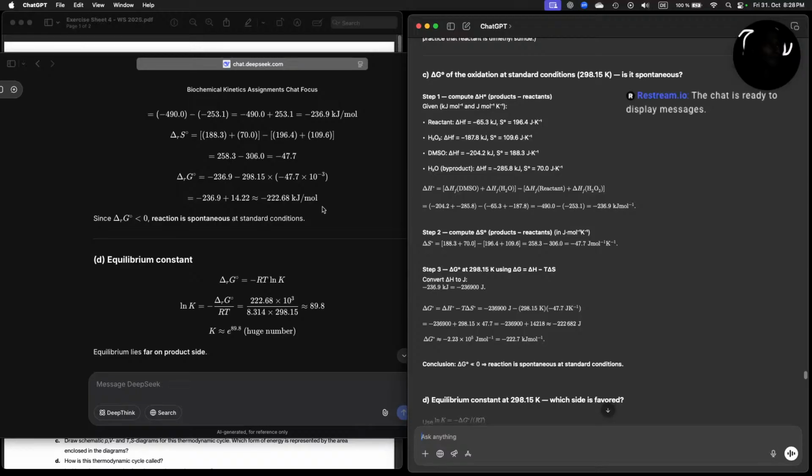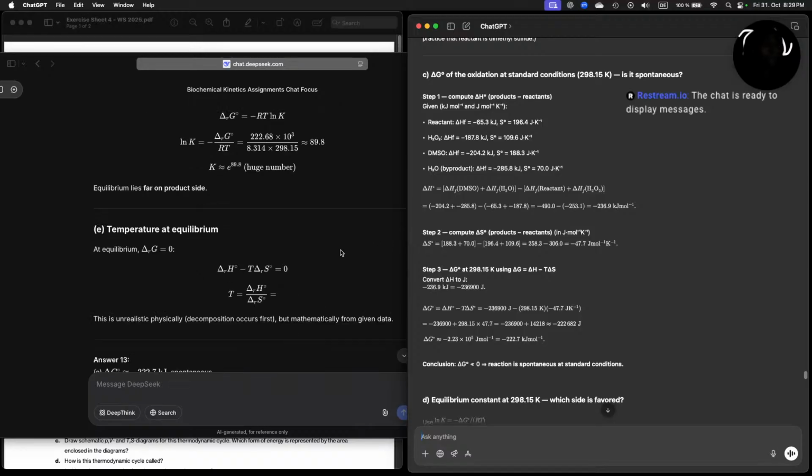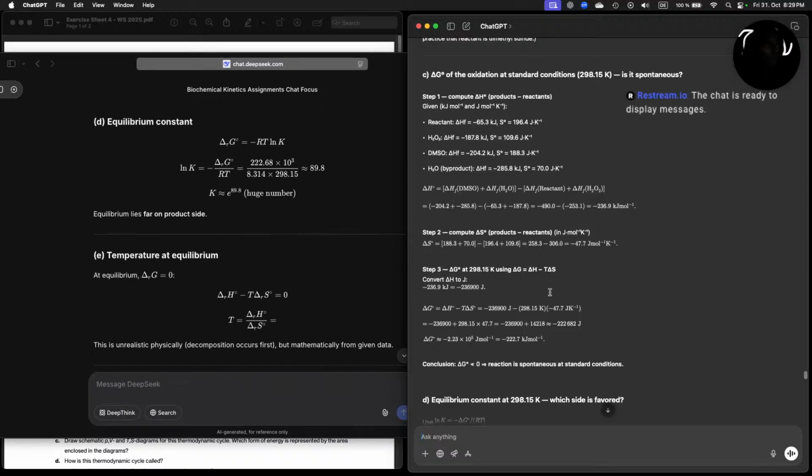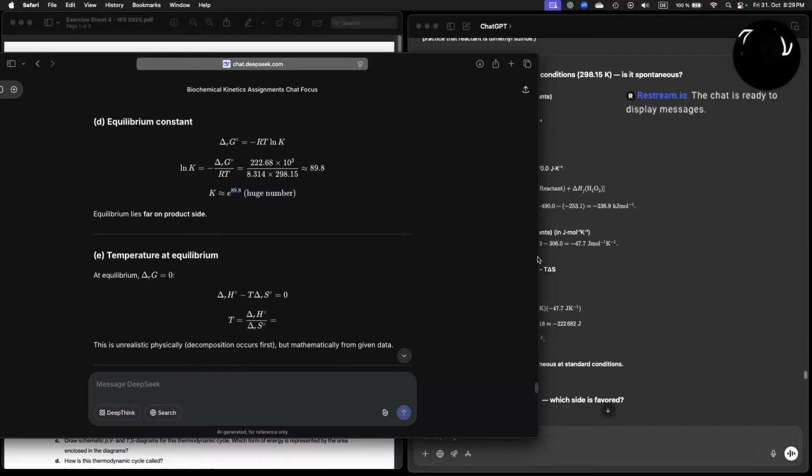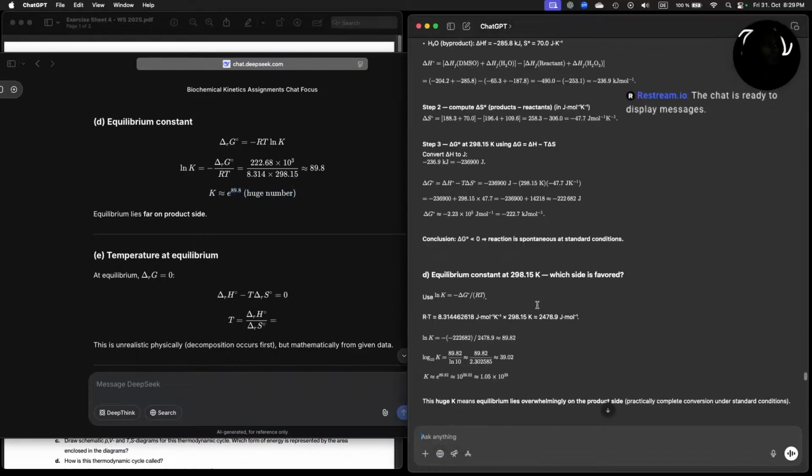I would say DeepSeek is a bit more precise. Damn, DeepSeek crushing those numbers, eh? Okay. I could just do this. What would you do? Oh, that's exactly what you did. Okay.